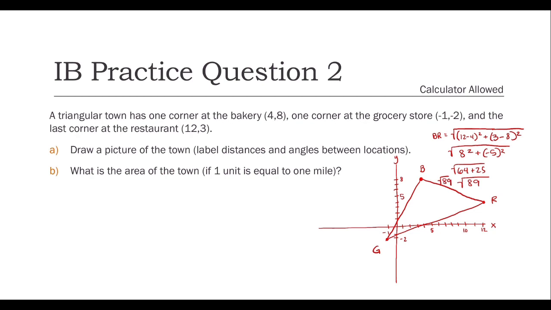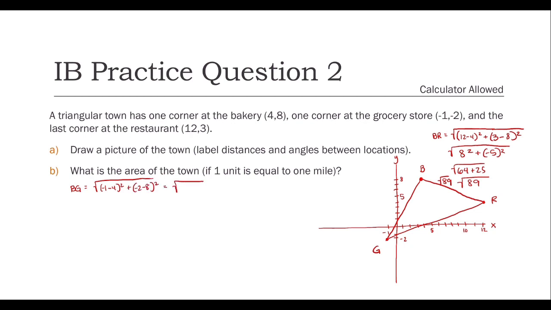Now we can find BG. And I'll write the work over here. So BG equals the square root of (-1 minus 4) squared plus (-2 minus 8) squared.